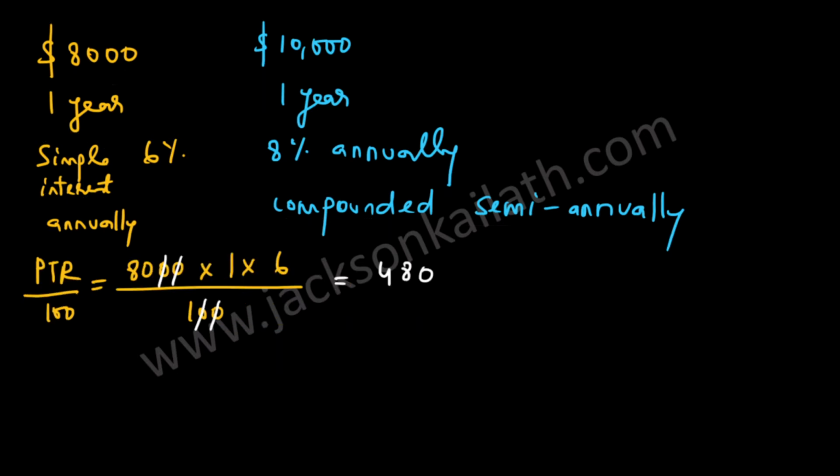All right. Now let's make some space. Now let's look at the compound interest. It's given that the interest rate is 8% annually, and it's mentioned over here that it's compounded semi-annually, right? So we have to convert this annually into semi-annually because both of them have to be in the same unit. If it's 8% for 1 year, for half year it will be 8 by 2, which is 4%.